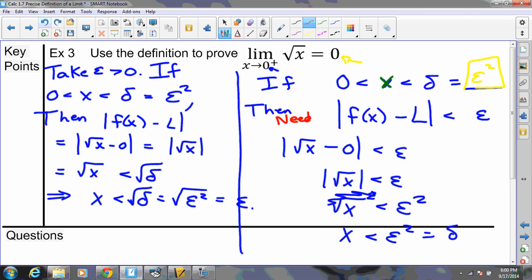If we start with this assumption, using delta equals epsilon squared allows us to run through some algebra and show this piece is less than the epsilon. That's what we needed. All the stuff that we had written in blue on the left-hand side, that's our work. The right-hand side is scratch work, but the left is our answer.